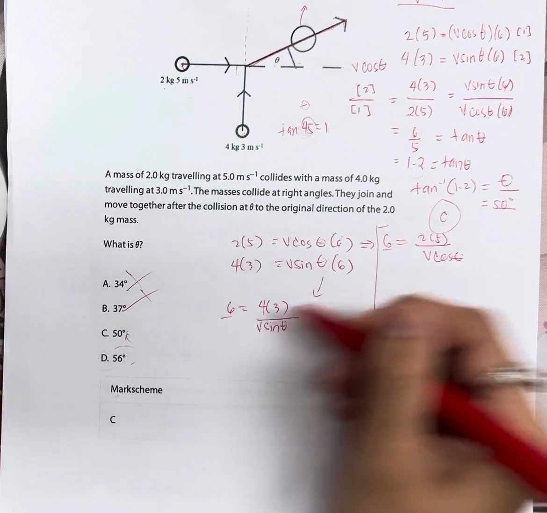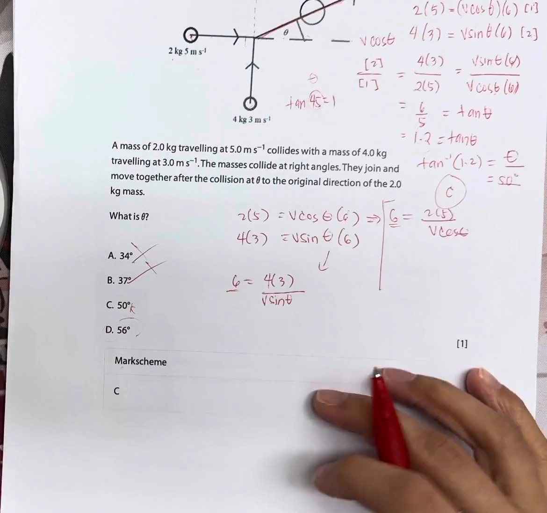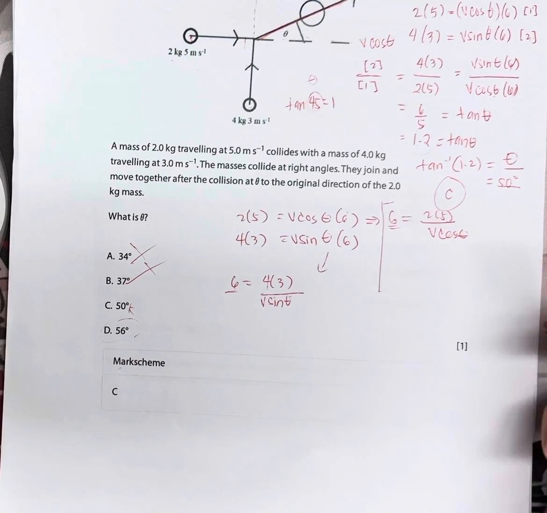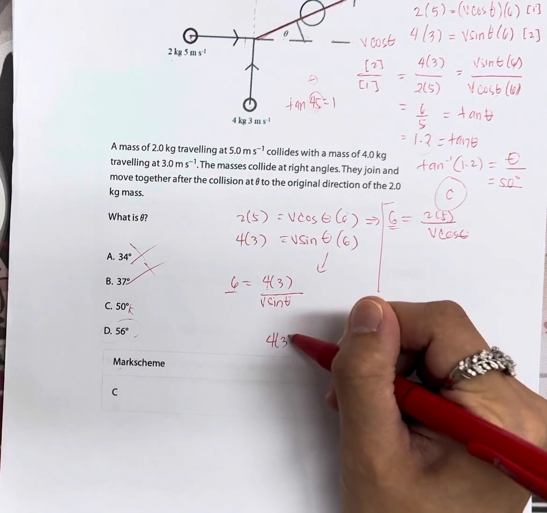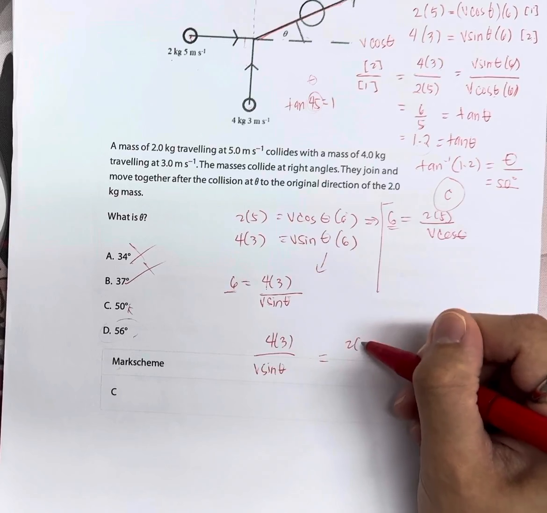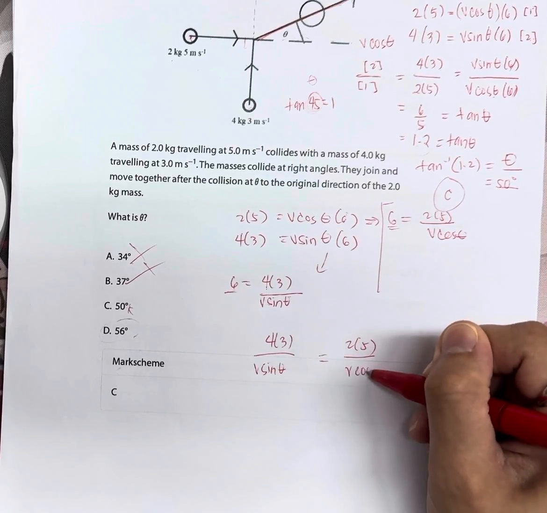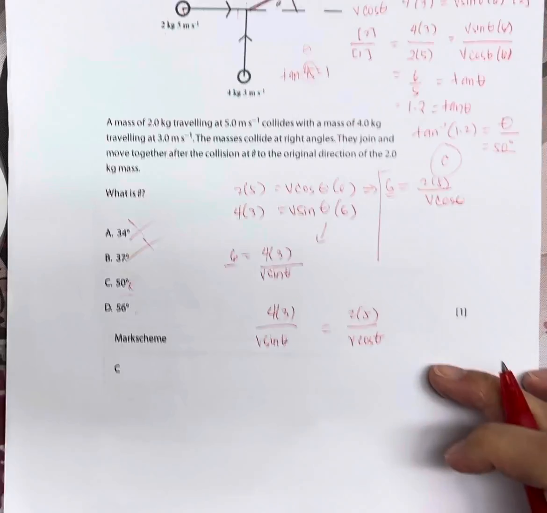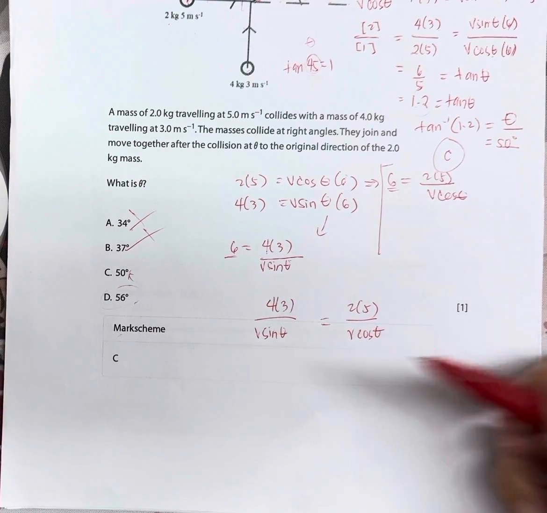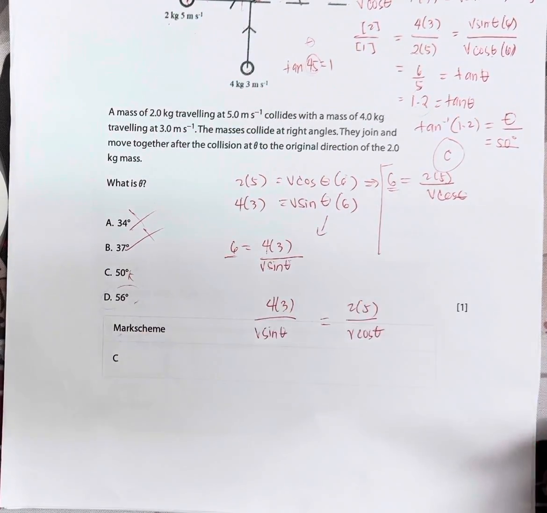Now, because they are both equal to 6, I can equate these 2 equations to each other. So that will look like 4 times 3 over v sine theta over 2 times 5 over v cosine theta. And by isolating things here and getting theta by itself, I will still be able to get the answer.